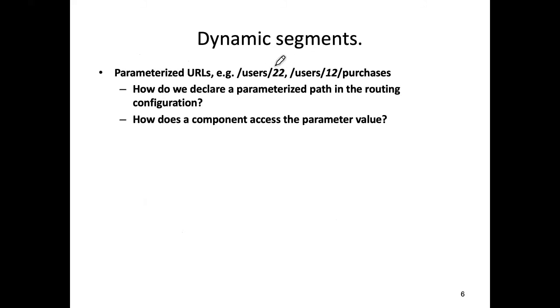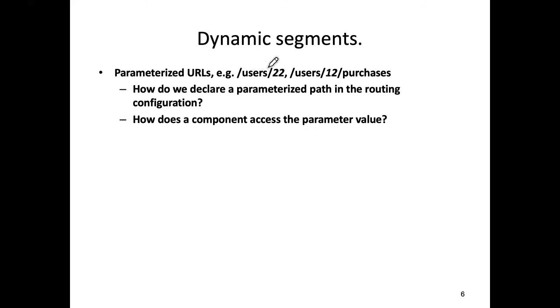Here's an example of a parameterized URL where the 22 here is probably representing a user ID. So in this fictitious app, let's imagine that when the browser's URL changes to that, then we display a profile page for user 22.